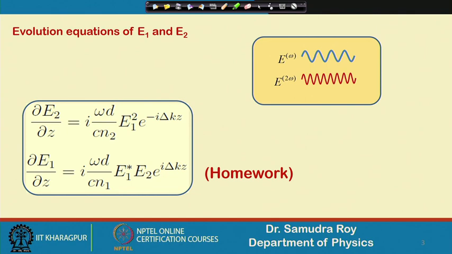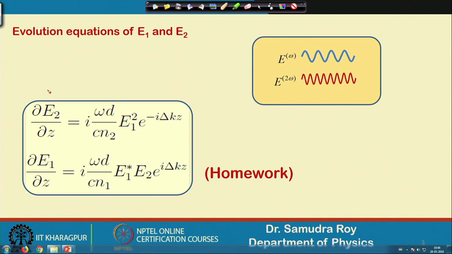These slides we already showed in our previous class, that eventually we have two coupled equations, and these two coupled equations basically suggest how E1 and E2 are going to evolve. One interesting thing, which is quite obvious, but still I will emphasize so you understand what is going on.